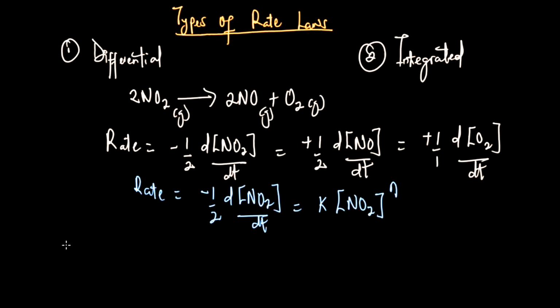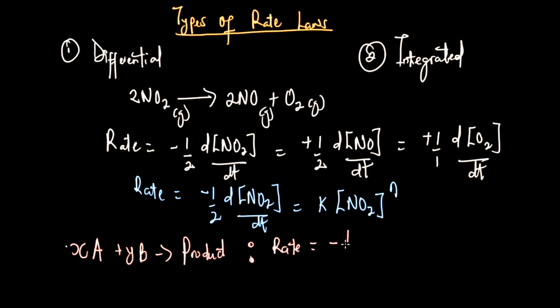So let's say we have the reaction xA + yB giving the products. To write the differential rate law for this equation, we can simply write that rate equals -1/x d[A]/dt, equals -1/y d[B]/dt.